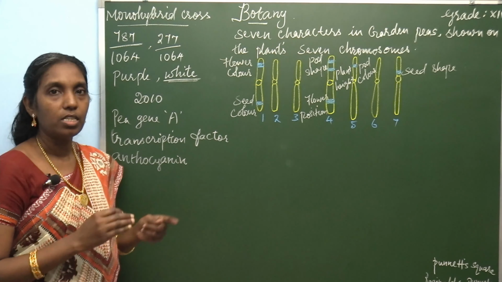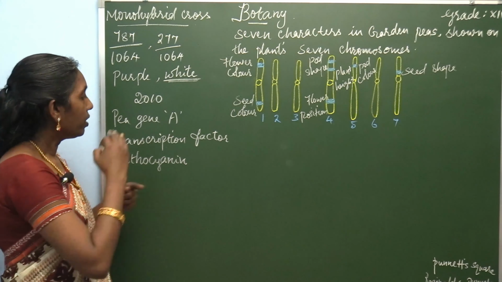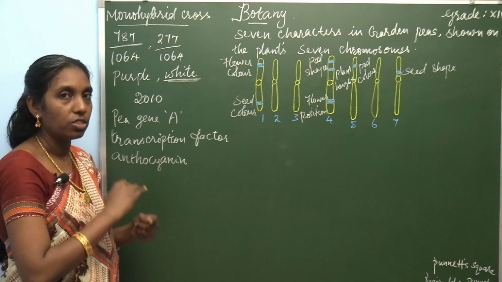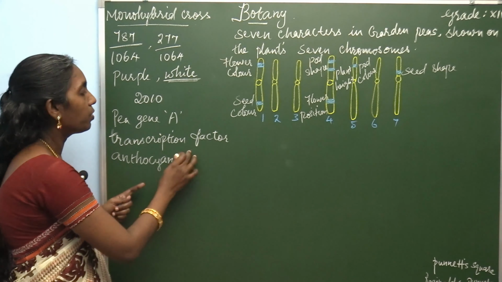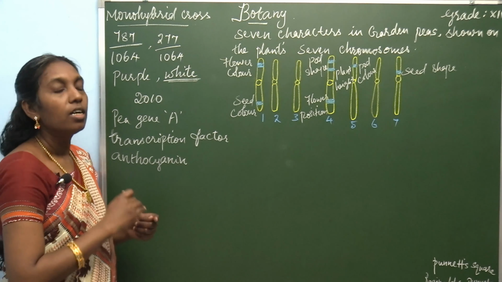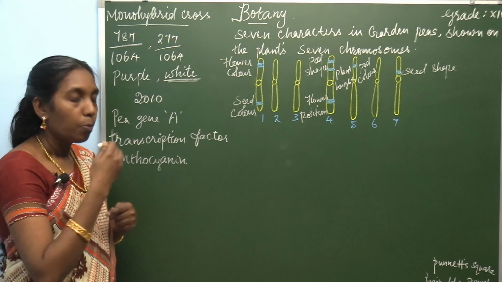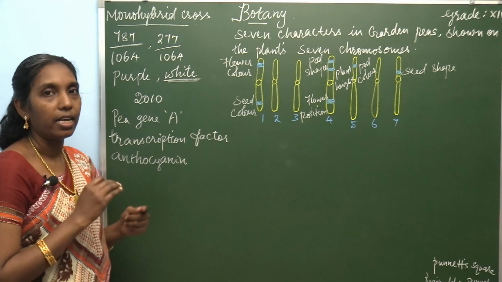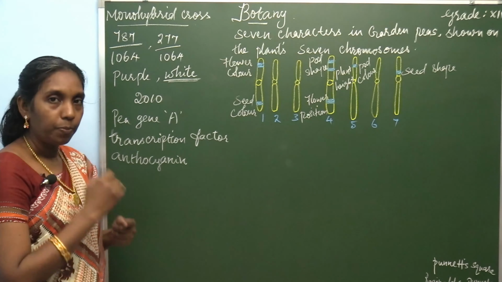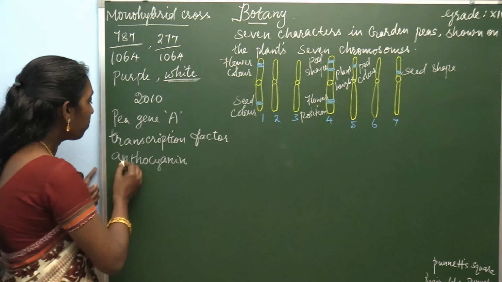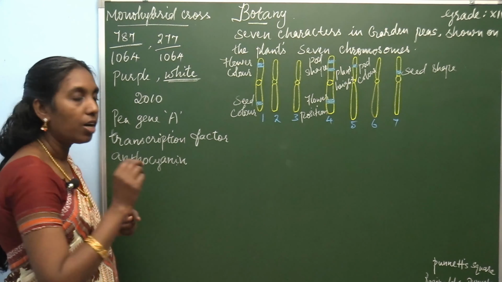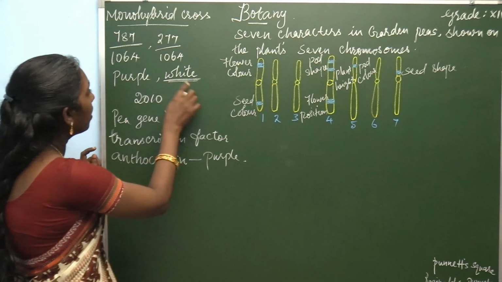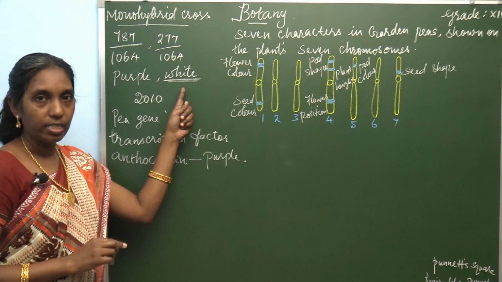The name of the gene is P gene A, which encodes a protein that functions as a transcription factor responsible for producing the pigment. The name of the pigment is anthocyanin. If the flower contains the pigment anthocyanin, the flower color is purple. The color of the flower can be purple or white.